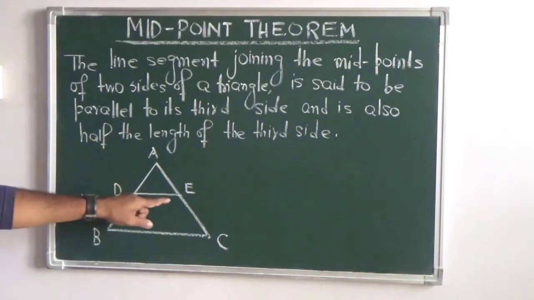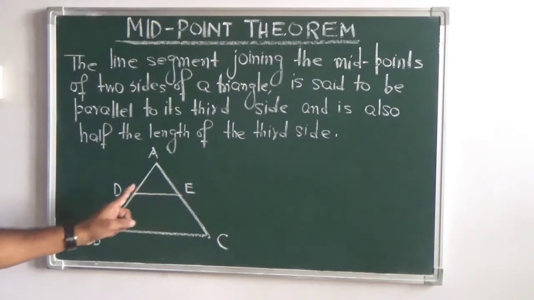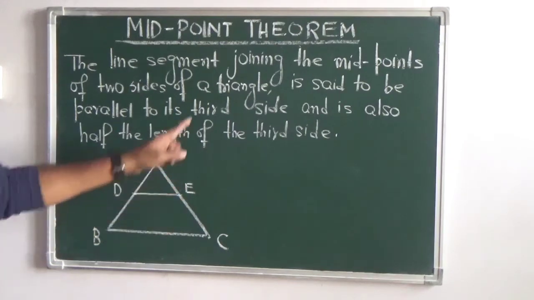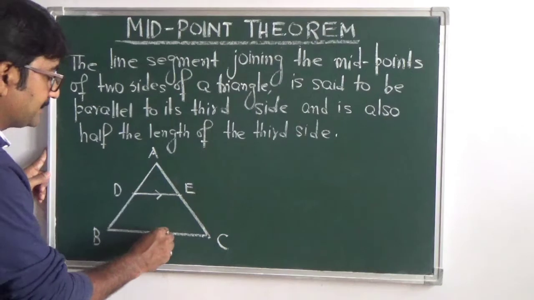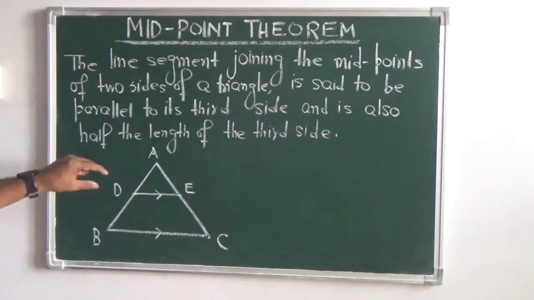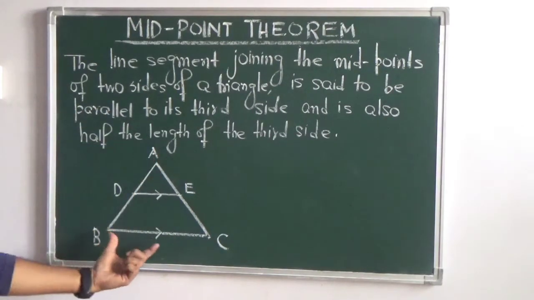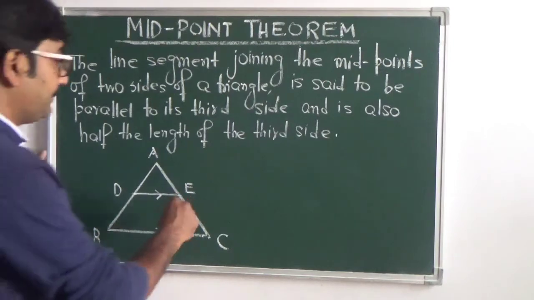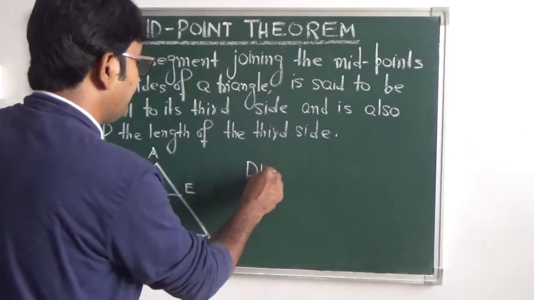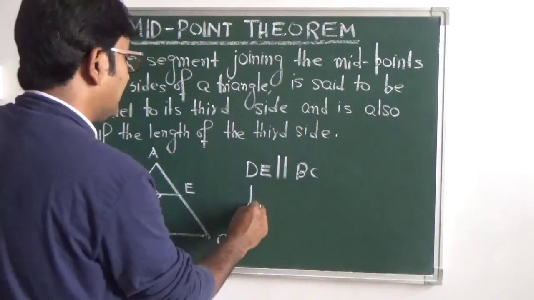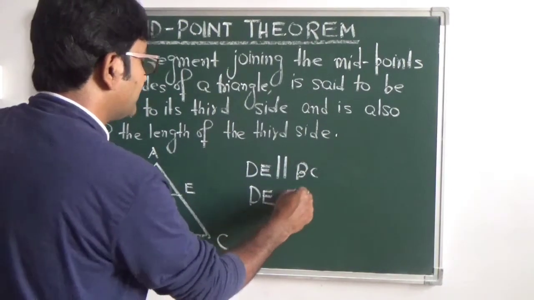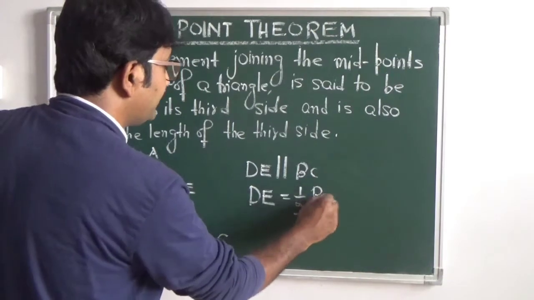So the line segment joining these two midpoints D and E is said to be parallel to the third side. So this line and this line becomes parallel, and the length DE is half the length of BC. That means we have DE is parallel to BC and DE is equal to half the length of BC.